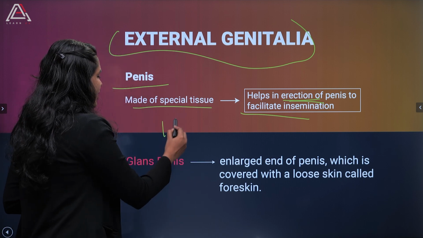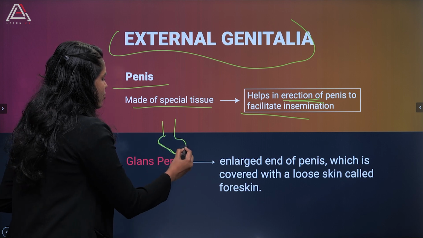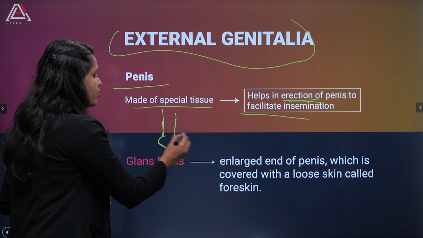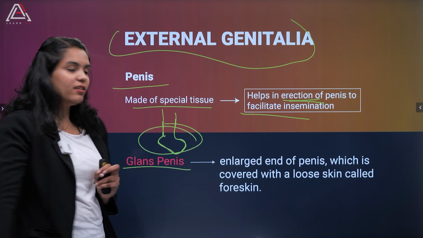At the end of the penis, you can see an enlarged structure. This structure is called the glans penis.